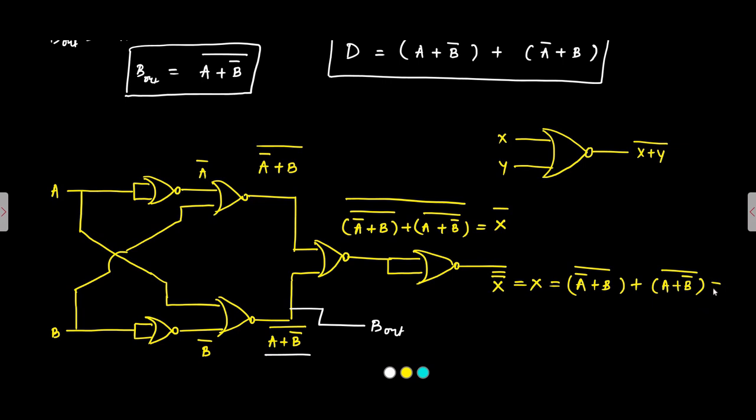Here we have got the borrow, here we have got the difference. So this is the implementation of half subtractor using NOR universal gate.